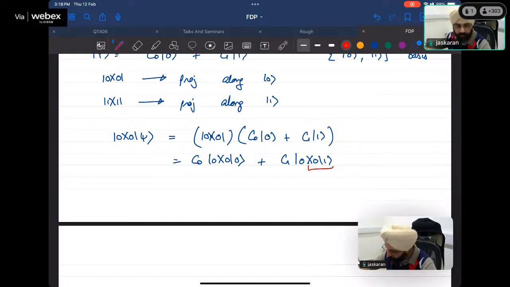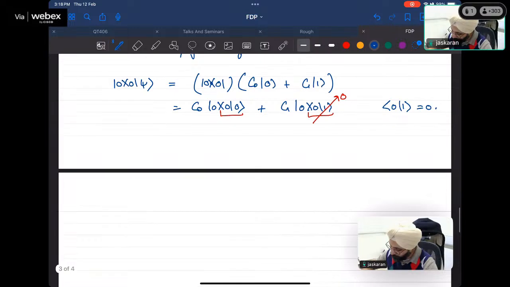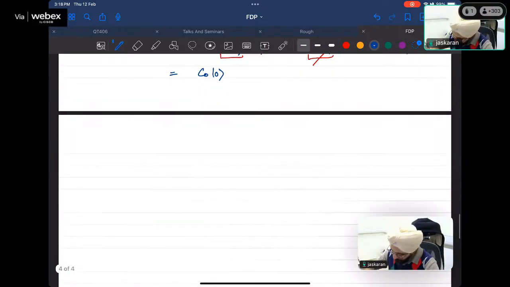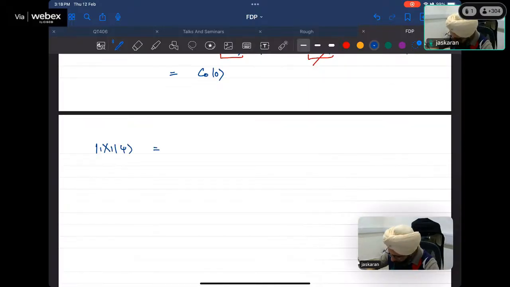Here we have an inner product of |0⟩ with |0⟩ and an inner product of |0⟩ with |1⟩. This part is 0 because |0⟩ and |1⟩ are orthogonal to each other. So this part will no longer play a role, and at the end of the day, what we have is just C0|0⟩. And similarly, if we do the projection along |1⟩, we will simply get C1|1⟩.